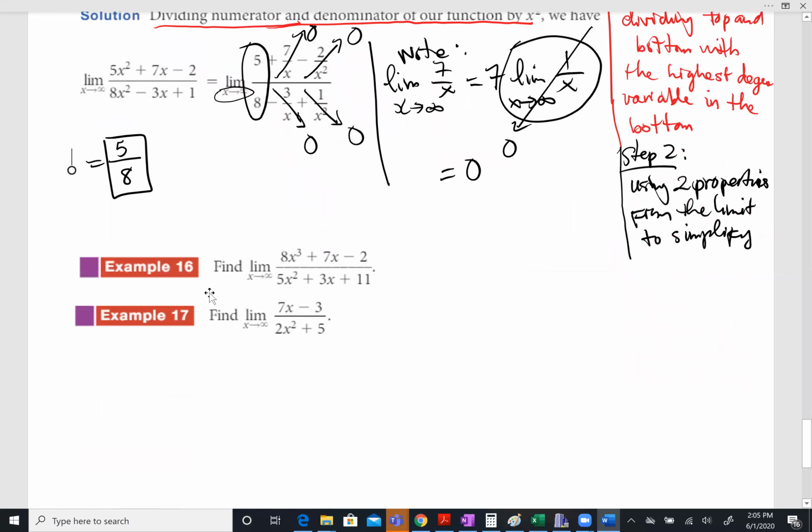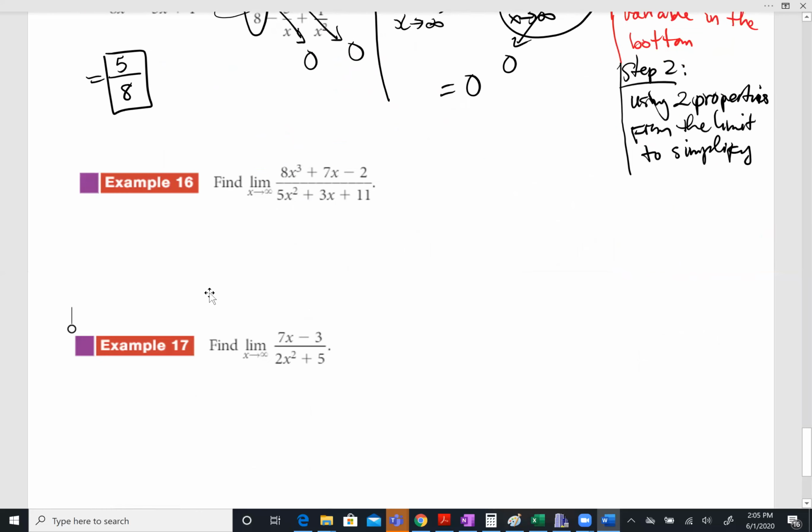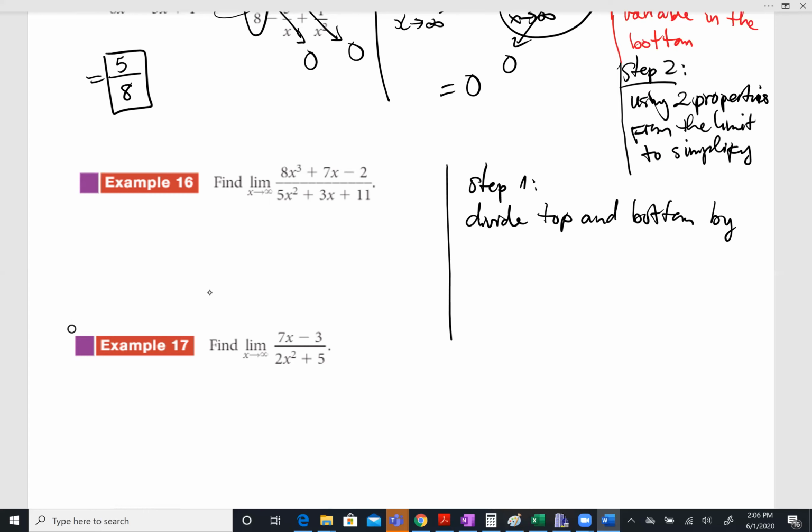Let's do 2 more examples. In number 16 here, I'm going to say step 1: divide top and bottom by the highest degree variable in the bottom.